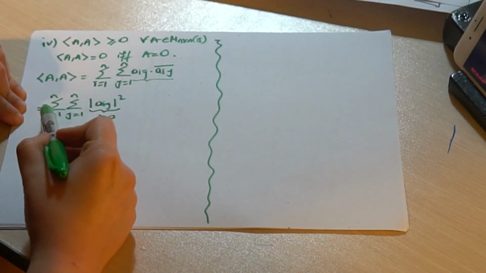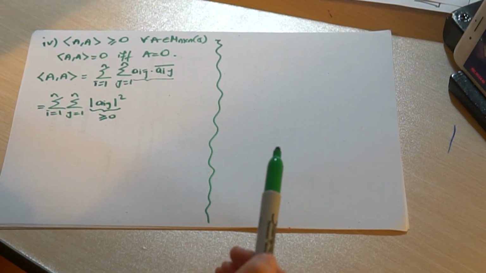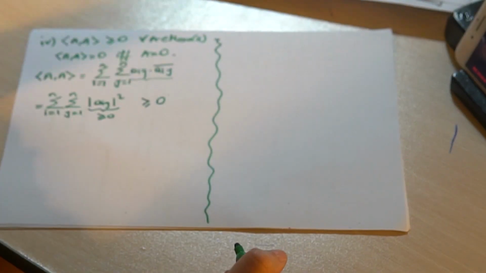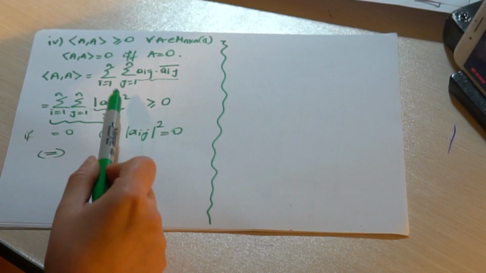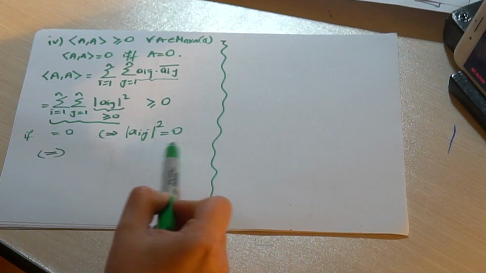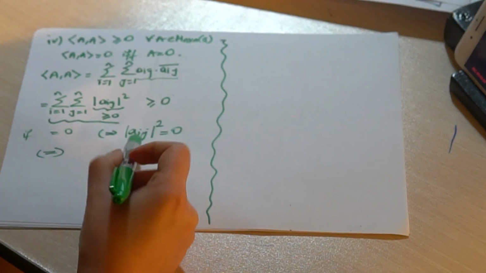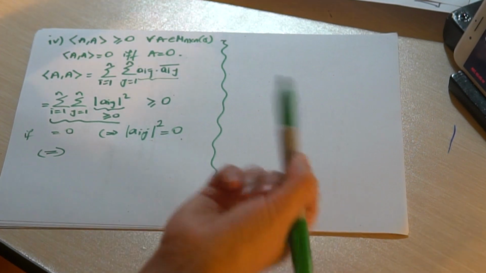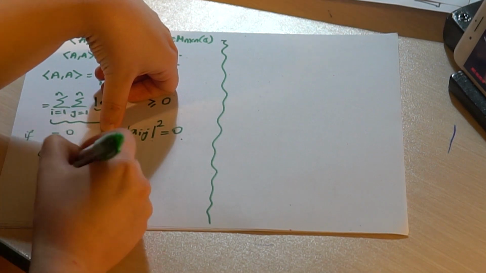So, every segment of the sum is greater than or equal to 0. So, this one is greater than or equal to 0. Now, since every segment is greater than or equal to 0, if this one is equal to 0, every segment must be equal to 0. So, since the norm of the entry is equal to 0, the Aij's must be equal to 0.